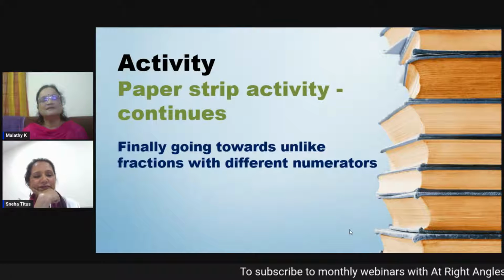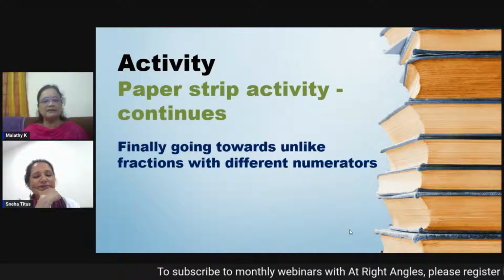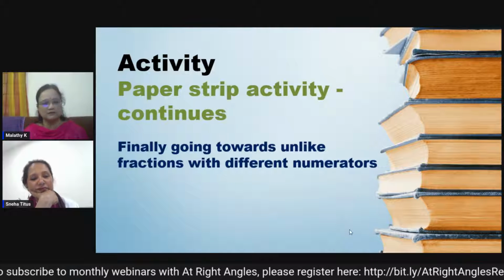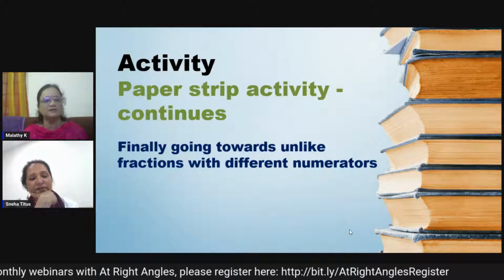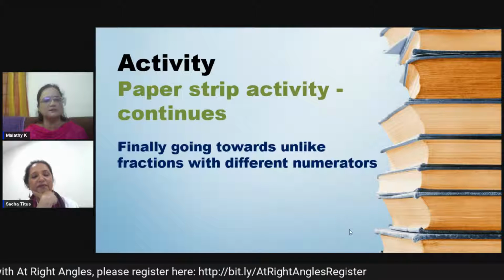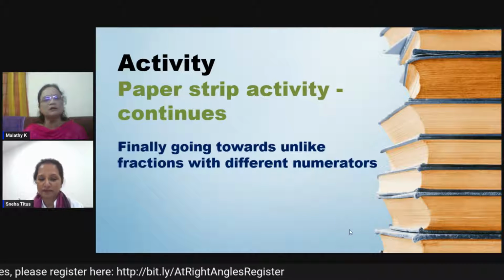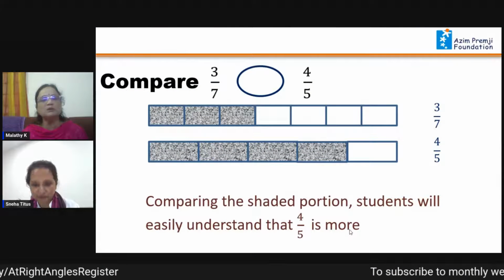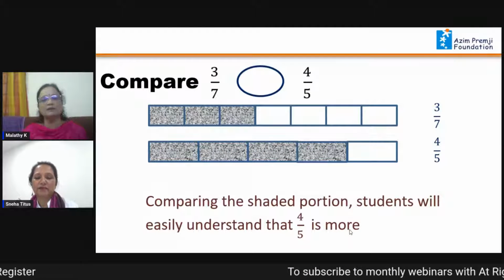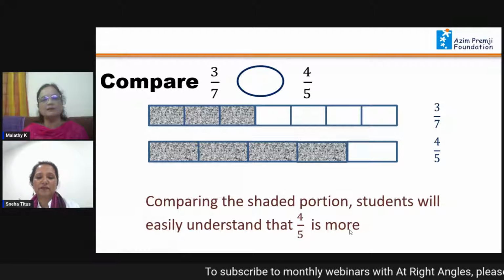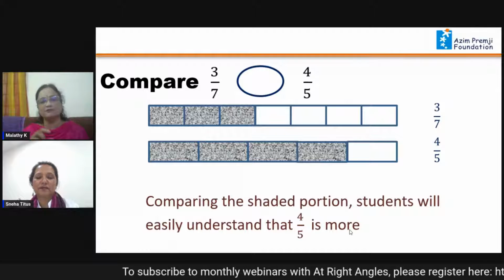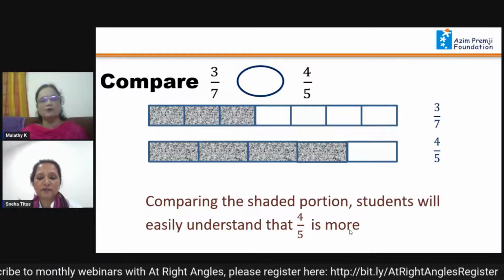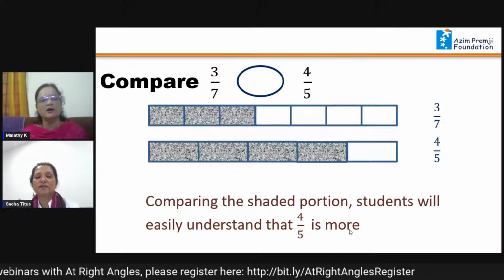So now, unlike fractions are given in aModeled way with a positive attitude, with same numerators. Now with different numerators, when we jump on, they found it very difficult initially. They were not able to understand before the paper strip activity was given, but after that, with the paper strip or with any drawing work, they were able to do it.